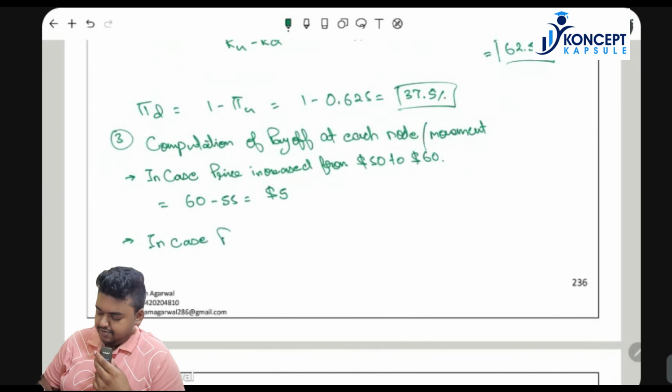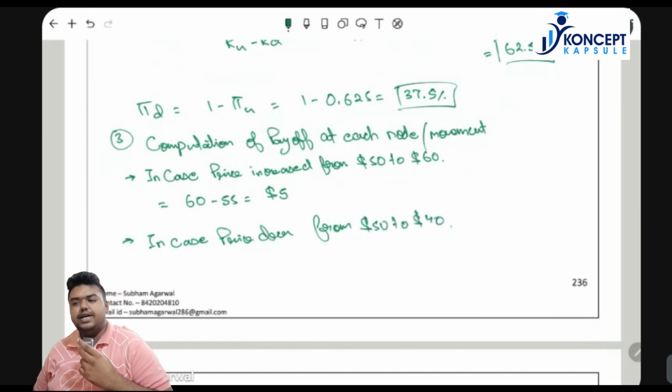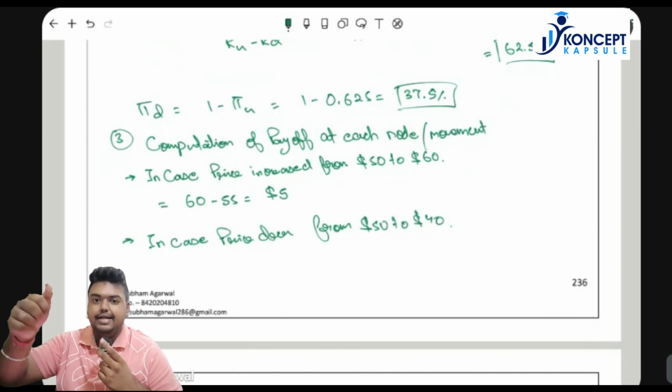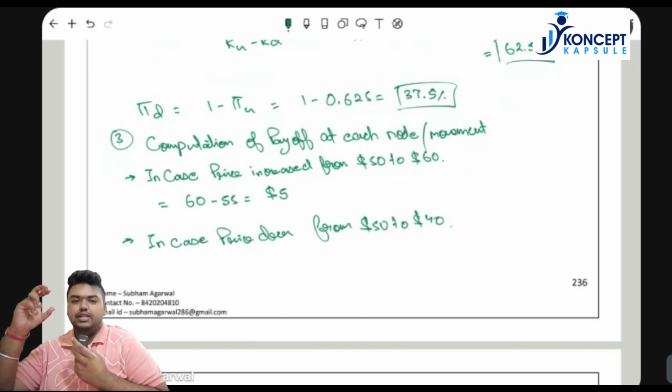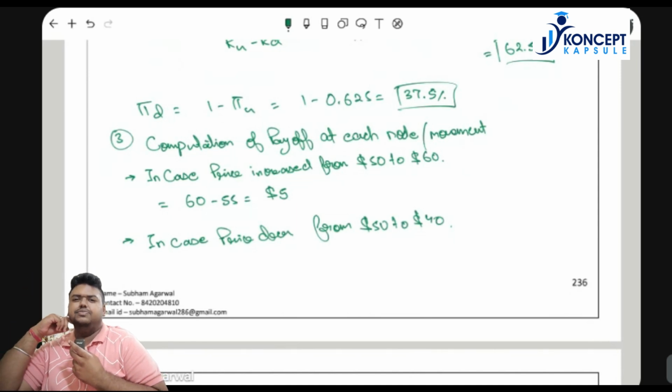In case the price decreases from 50 to 40, what will the person do? Since the person has the right to exercise, will the person exercise his right?